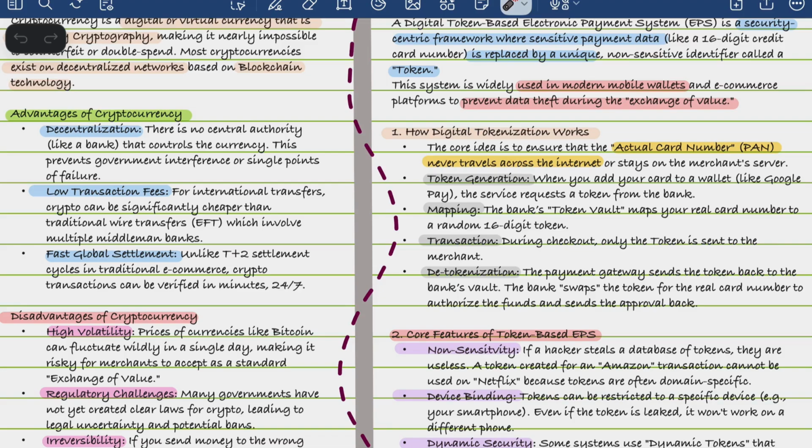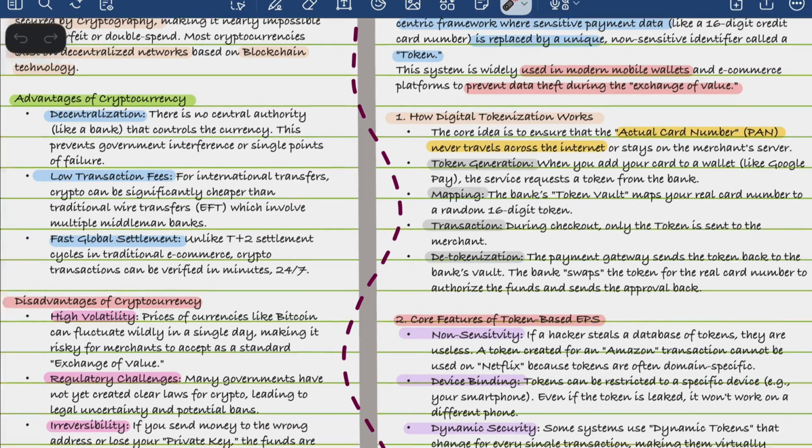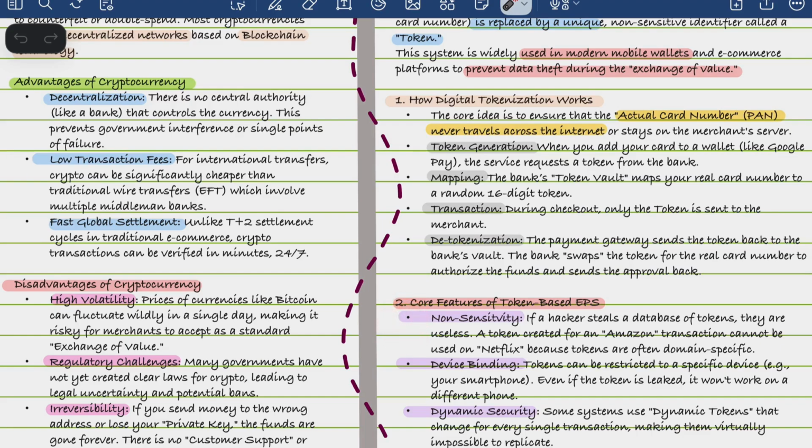The beauty of the system lies in its non-sensitivity. Okay, this is how the thing works. And if we talk about core features, the first thing is the beauty of the system lies in its non-sensitivity, and in its domain restriction, I can say. A token generated, for example, for an Amazon transaction is completely useless if stolen by hackers, because that specific token is locked and can only be used on the Amazon platform.